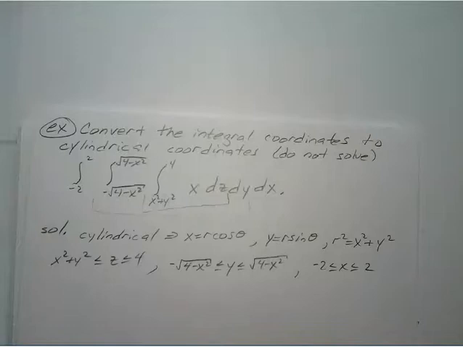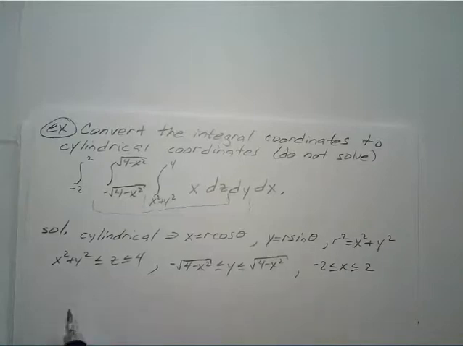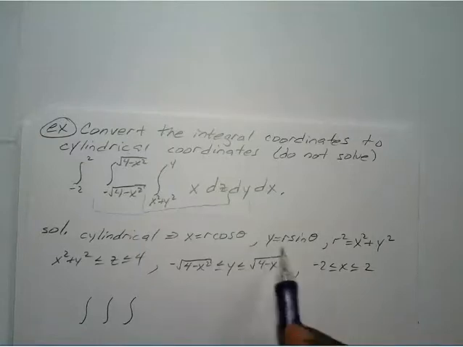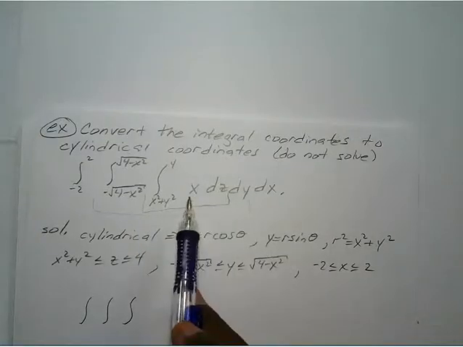All right, so now we have to convert those to cylindrical boundaries. Remember that x is equal to r cosine of theta.